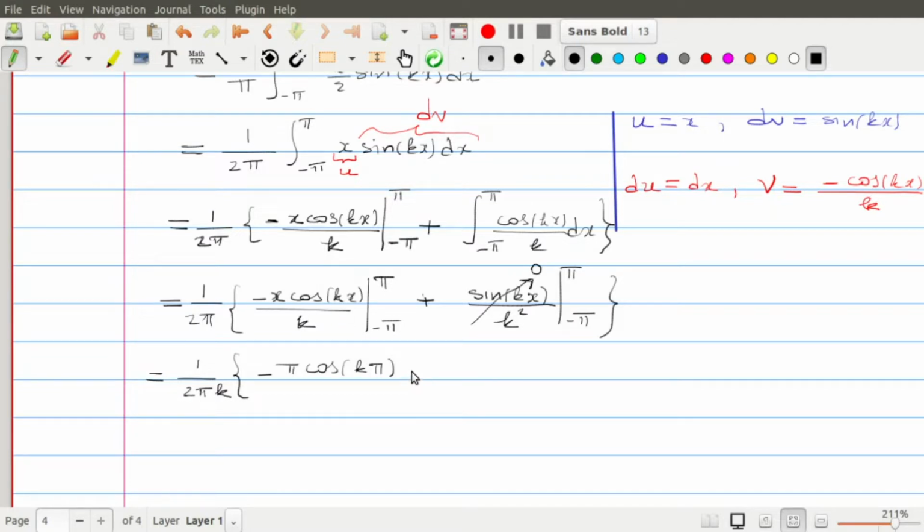And minus the same expression. So I have minus here. Now with this it's fine. I keep the minus. Now if I write this minus minus, it will be pi cosine negative k pi. But we know that the cosine function is even. Okay, let's write that negative k pi.